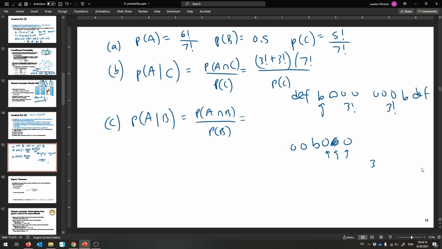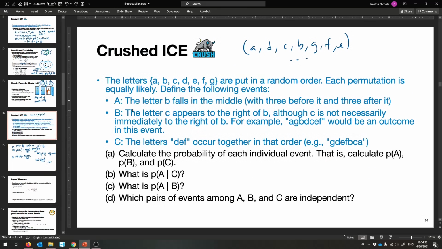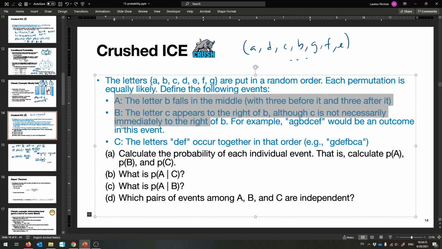And then, how many more characters still need to be permuted? It's 1, 2, 3, 4, 5. So once we made our choice for C, there's 3 ways to do it. Then we have to permute 5 more characters. So this is the total number of ways to do both, with B in the middle and C to the right of B. That's A and B together.